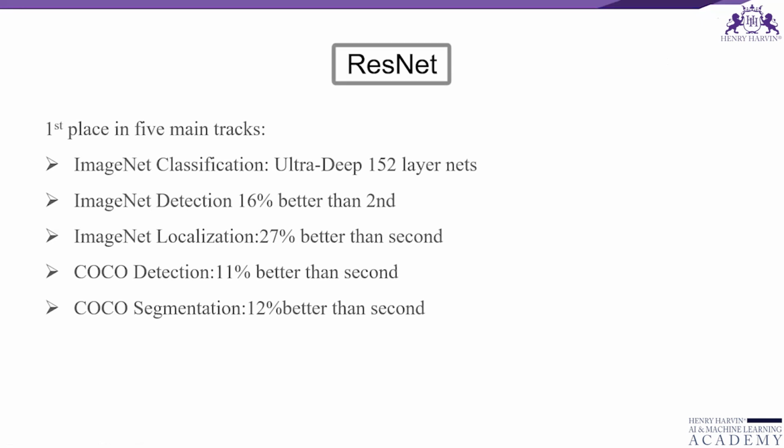Other than the classification challenge, they also won ImageNet detection, ImageNet localization, COCO detection and COCO segmentation. This residual network won all these competitions.